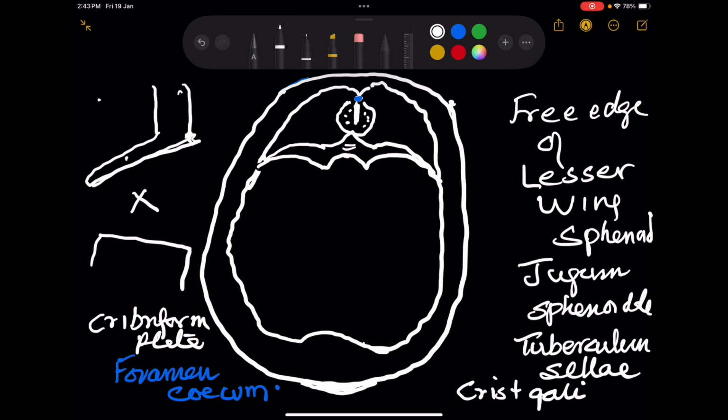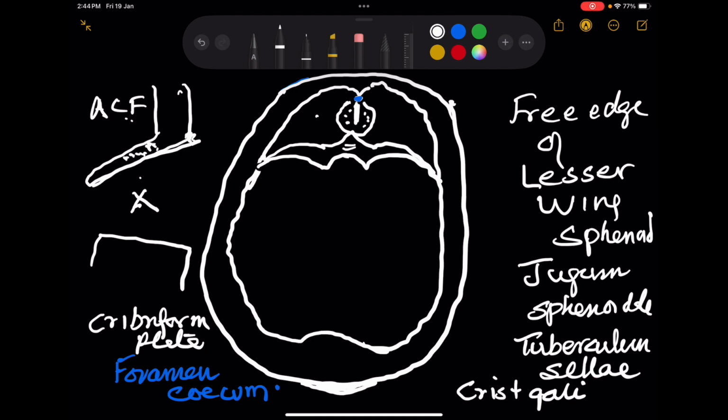So this is the anterior cranial fossa. This is the orbit, and this orbital plate divides the anterior cranial fossa and the orbit.